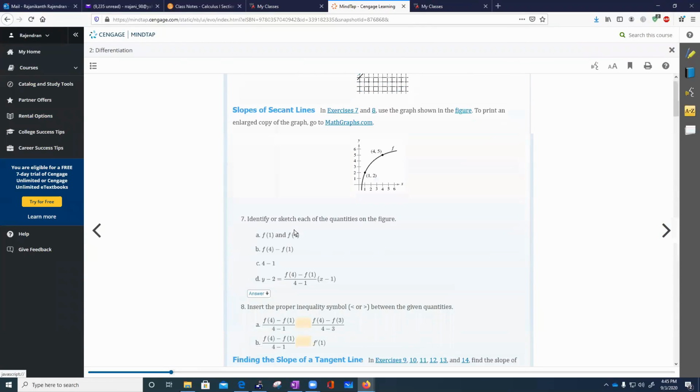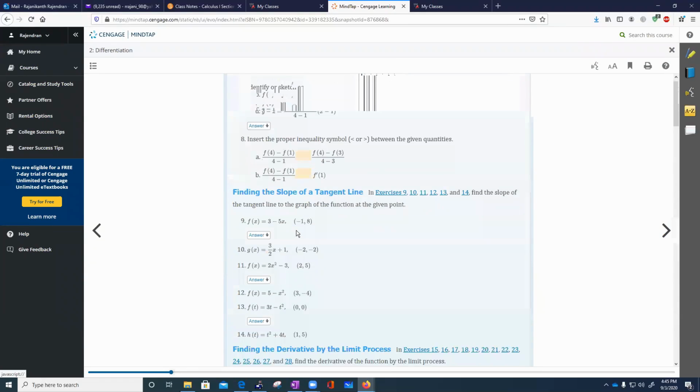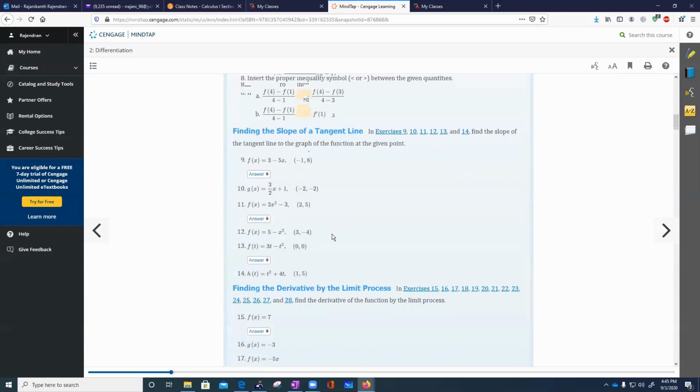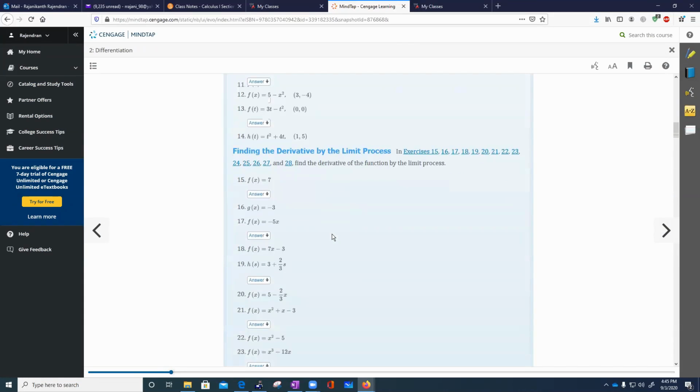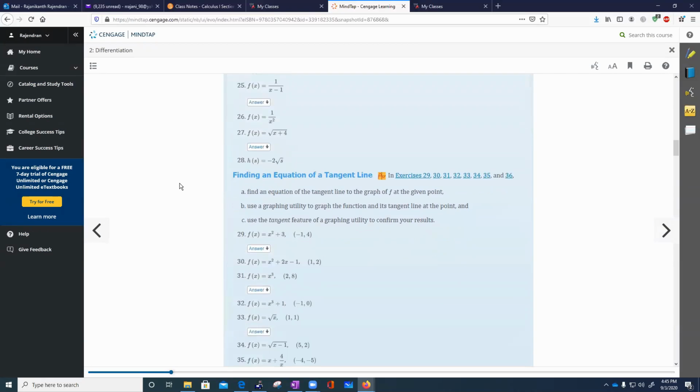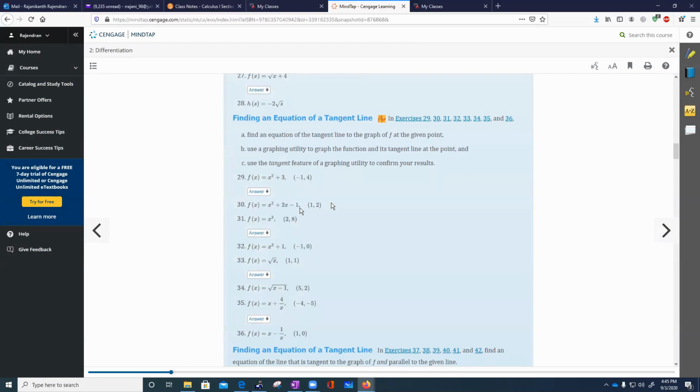These are the exercise problems for 2.1: find the slope of the tangent line to the graph of the function at the given point. This is all about just finding the slope. We will find those kinds of problems in 2.2.